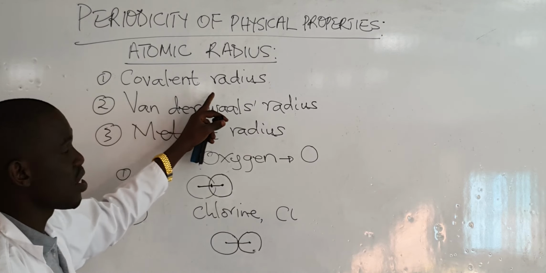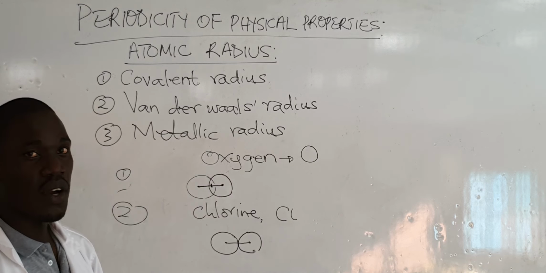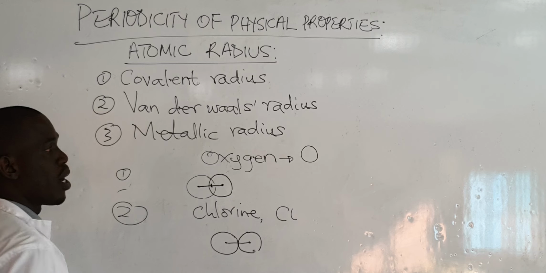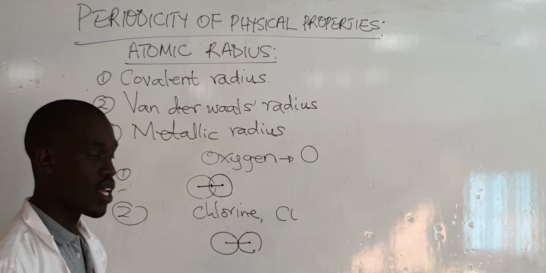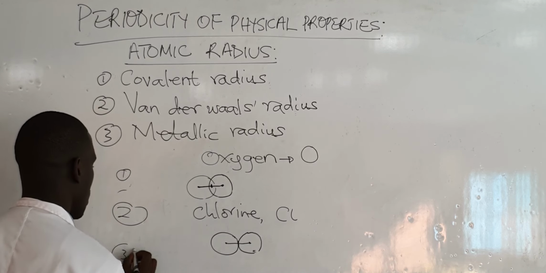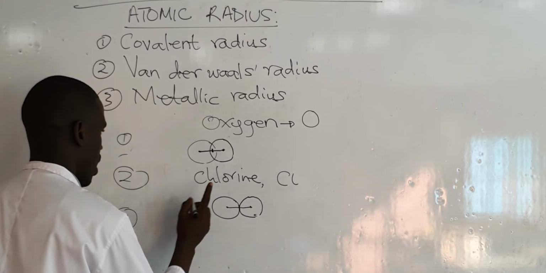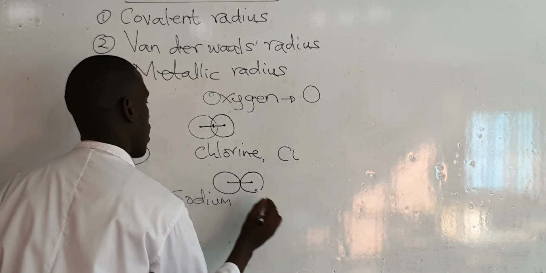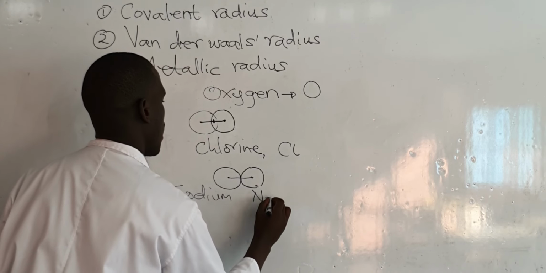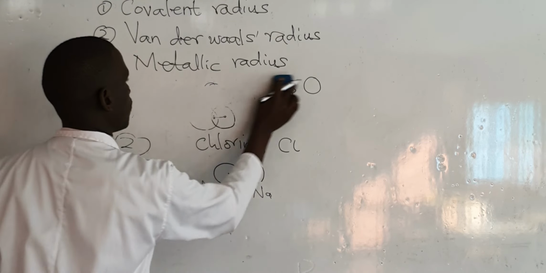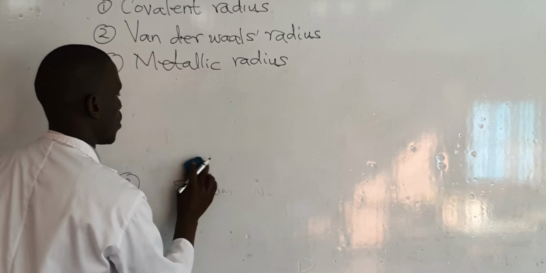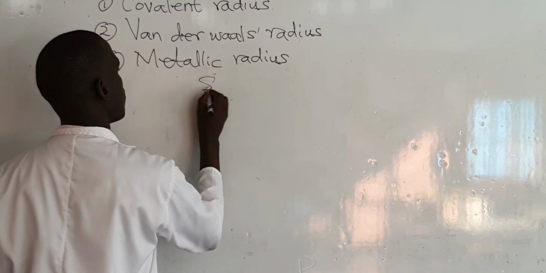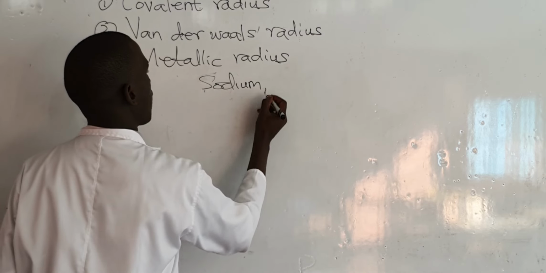Remember, in covalent radius, the two atoms are covalently bonded to each other. Now, how about metallic radius? Take a metal like sodium, the symbol Na.